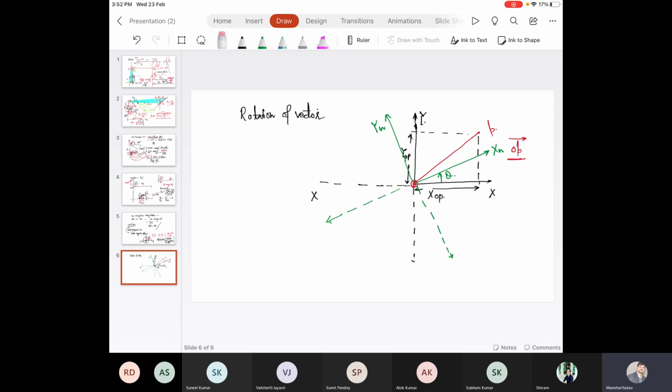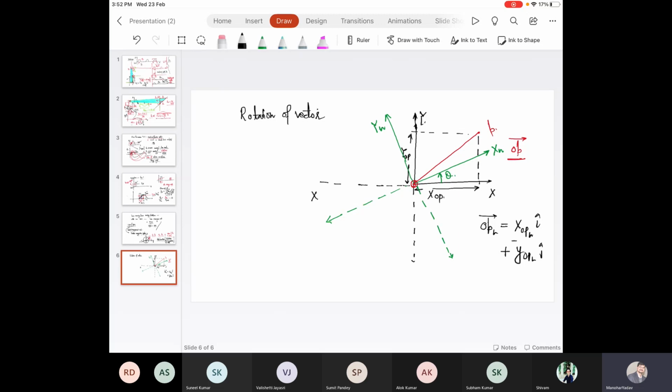Now how is this vector OP, calculated in the XY coordinate system using XOP and YOP, expressed in the new coordinate system, that is XN and YN? So OP new will be equal to XOPN times i cap, that is the unit vector along the xn direction, plus YOPN.